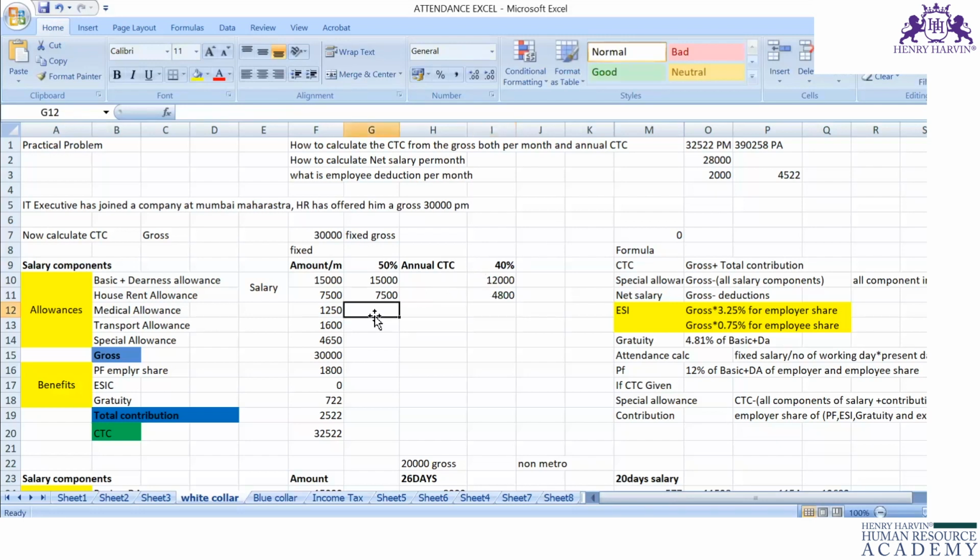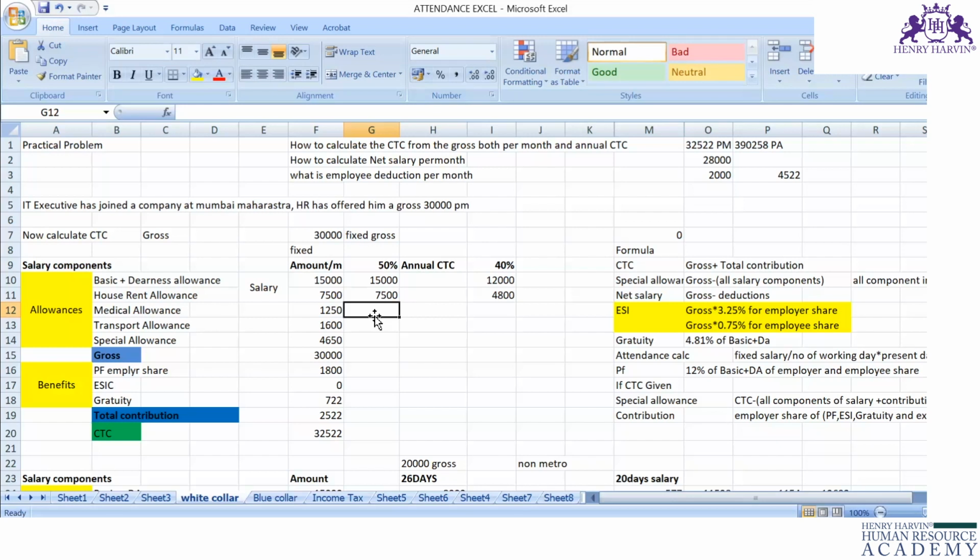Now, medical allowances. For medical allowances, the government has recommended 15,000 rupees per annum as tax exemption. So if the employer is paying 15,000 rupees as medical allowances, then the employee need not pay any tax on medical allowances.